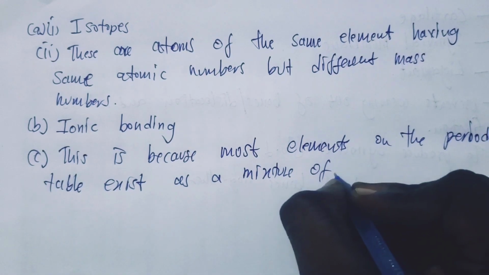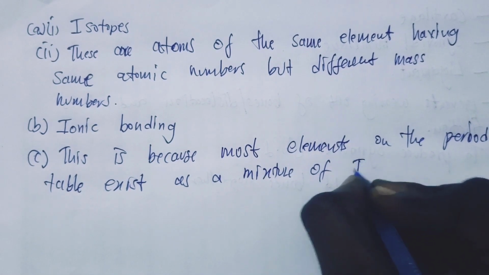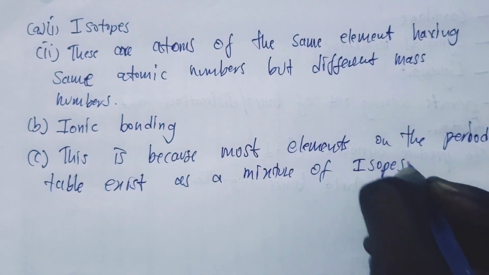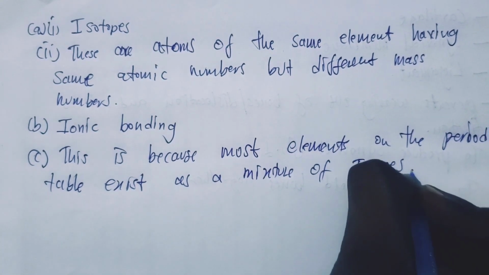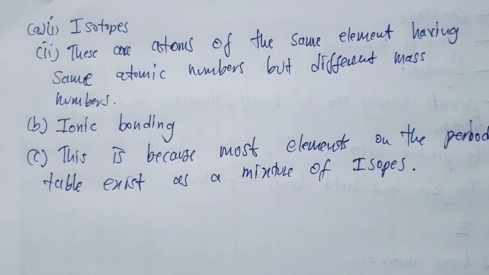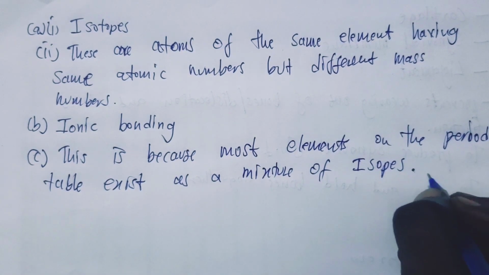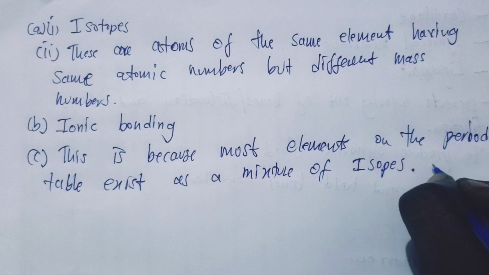The question has 2 marks, so this is the first point. Because they are isotopes, to find the actual mass number, they find the average. That's the reason it gives them most of the time the decimal points.